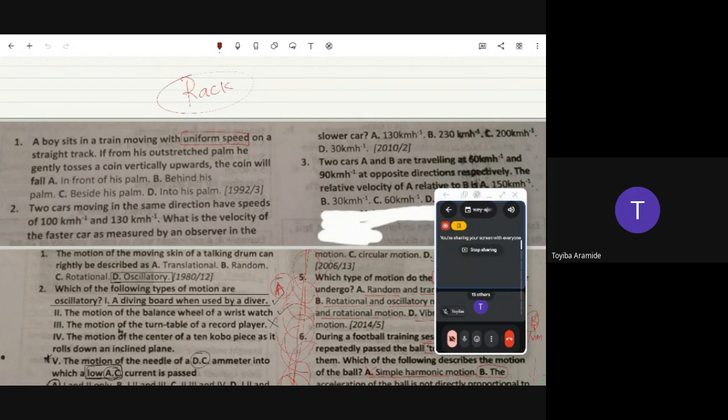That point itself is also inside the uniform train. It means that the coin is also as if it's not moving. Both the coin and the boy, it's as if they are not moving. If you are standing and you throw a coin up, all things being equal, the coin is supposed to fall down in your palm. So the correct answer is into his palm. Not in front, not behind, not beside.